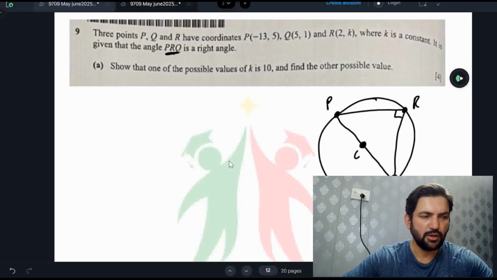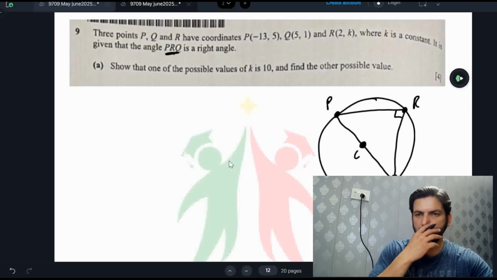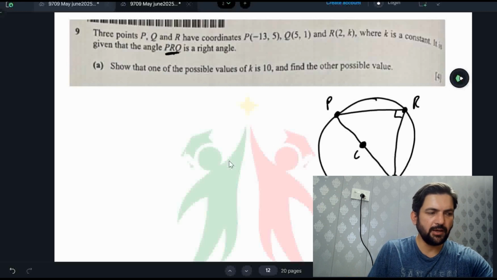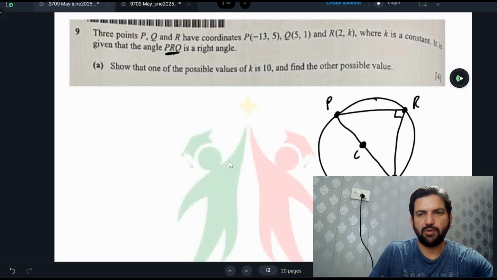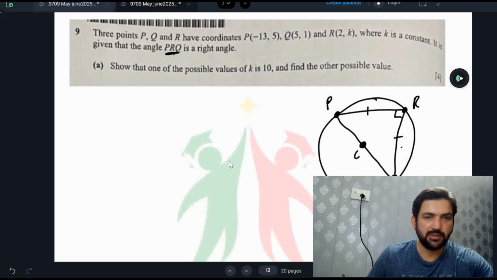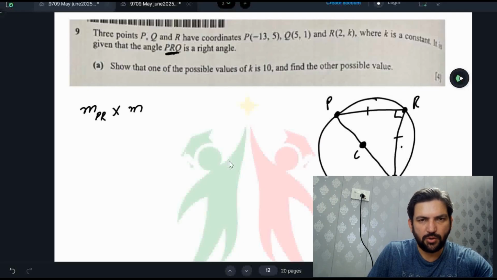So if it is 90 degrees, the product of the gradients of these two will be -1. So basically we can write it as the gradient of PR multiplied by the gradient of RQ will be equal to -1.